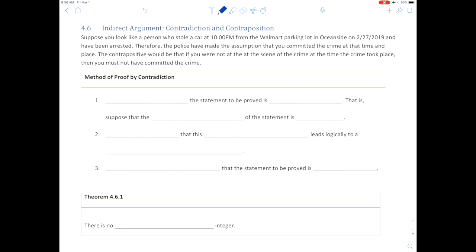They have made the assumption that you committed the crime, but in order to commit that crime, it would have to be at that time and place, right? So if we restated that, if you committed the crime, then you would be located at the Walmart parking lot at 10 p.m. on February 27, 2019.